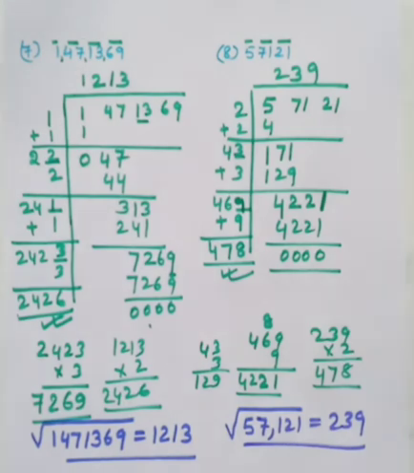So children, I hope if you will solve all the 8 questions properly, you will get practiced how to solve for the square root of a given number by the long division method.